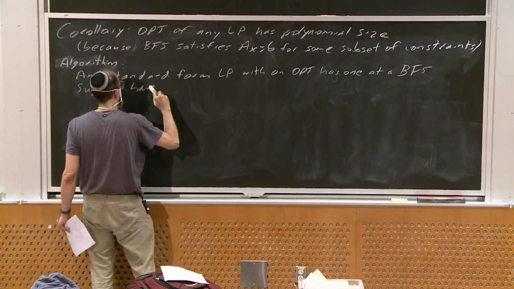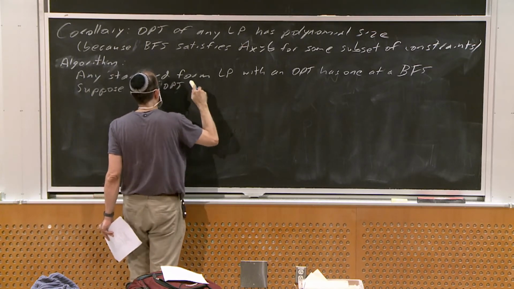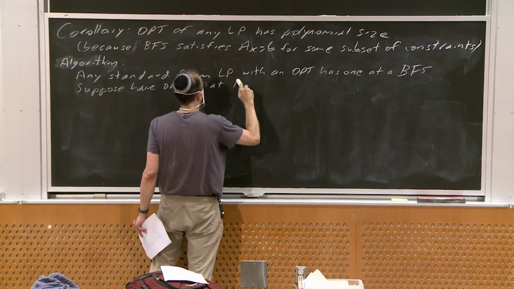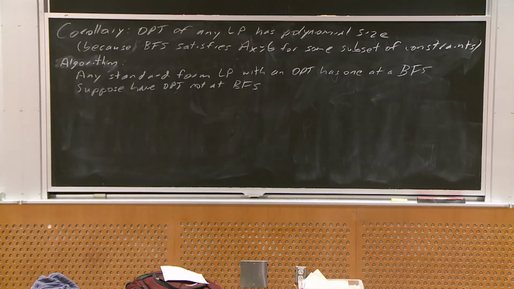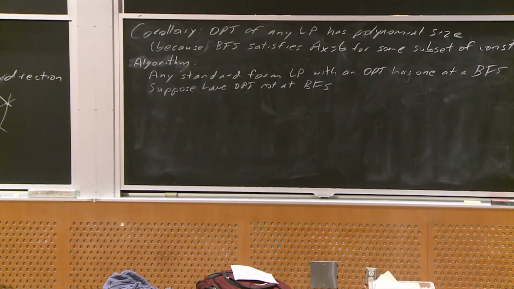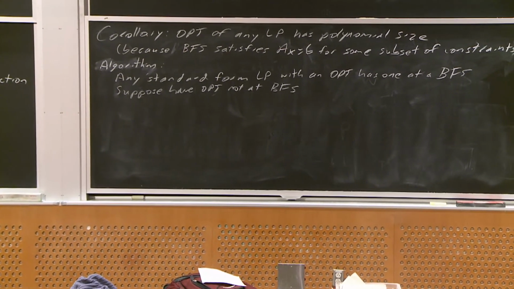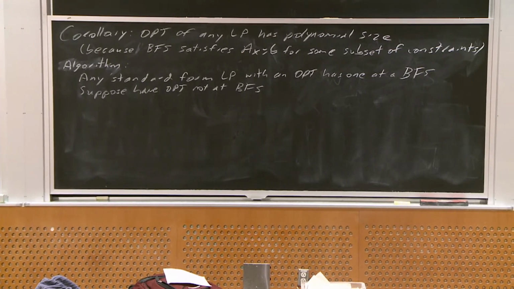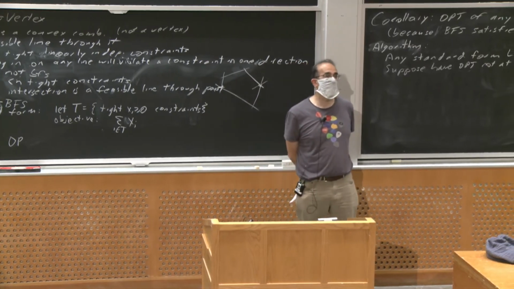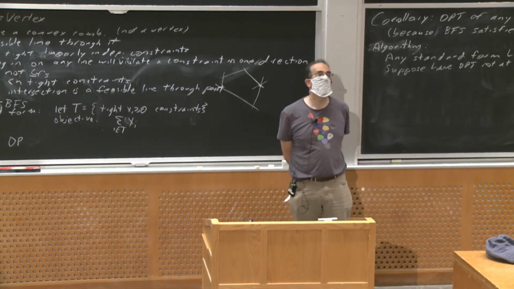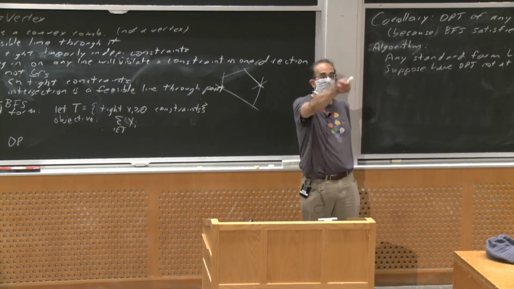Suppose we have an optimum that is not at a basic feasible solution. I want to demonstrate that there is also an optimum at a basic feasible solution. How can I do that? What does it mean that I am not at a BFS? Yes?